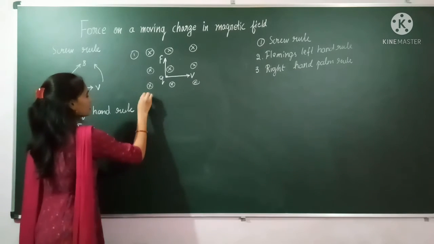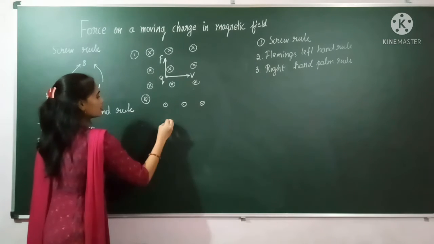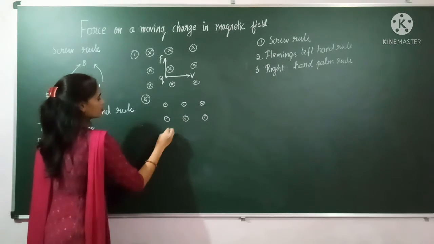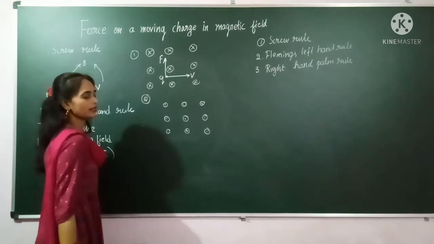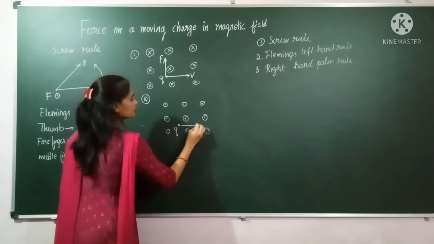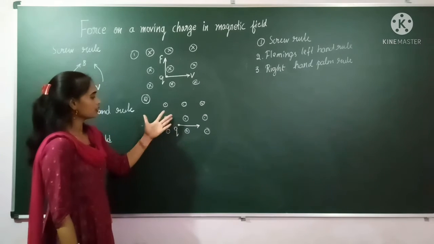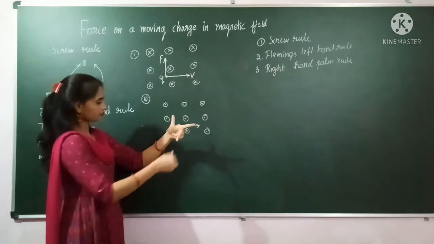Next, second case. Here also we will take a uniform magnetic field, but here the magnetic field is outward. In this outward magnetic field, we will take charge q which is moving in this direction. Then what will be the direction of the force? So our answer is, we will take our left hand.